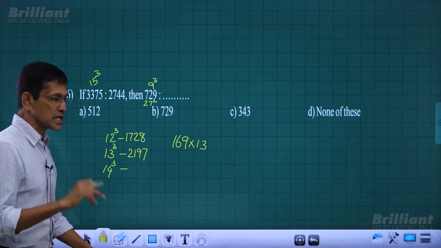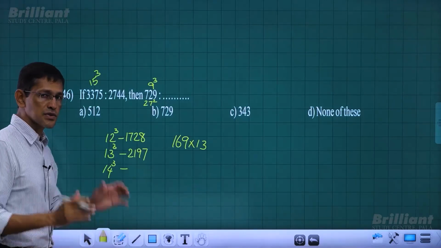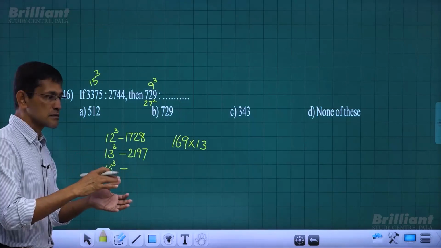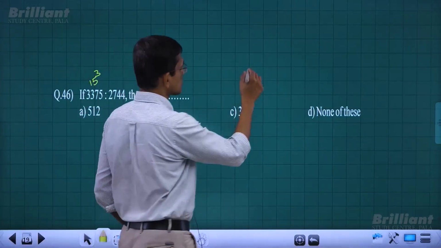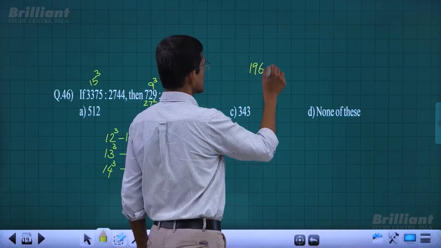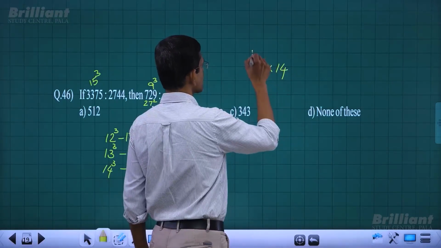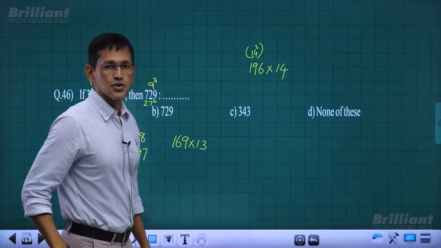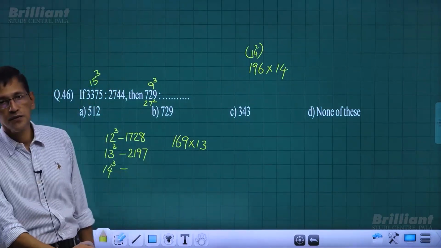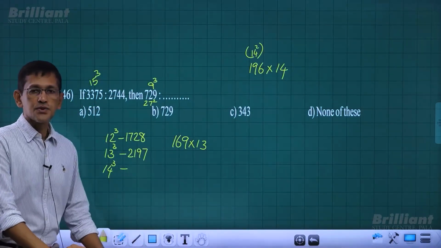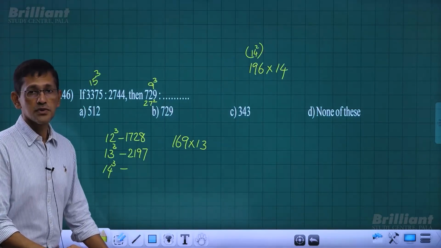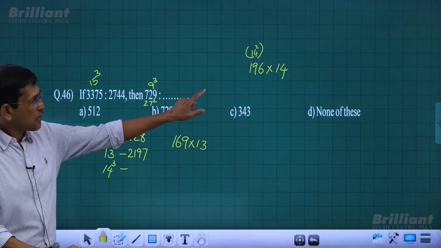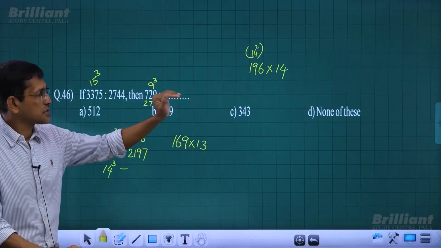How do we do it? 14 square is 196, into 14. 196, you take it as 200. So for your convenience, I just write it over here. 196 into 14. 196 is 14 square. So take 196 as 200. 200 into 14 is pretty simple: 2800.